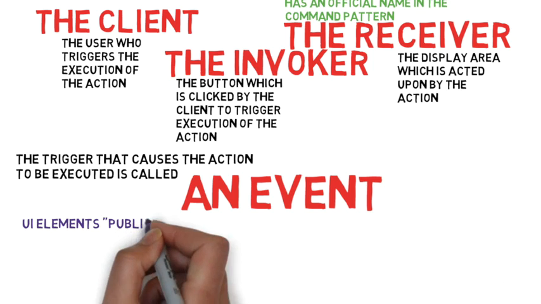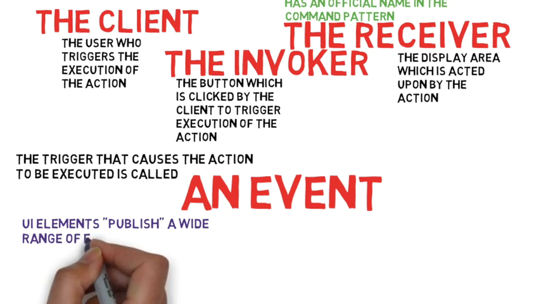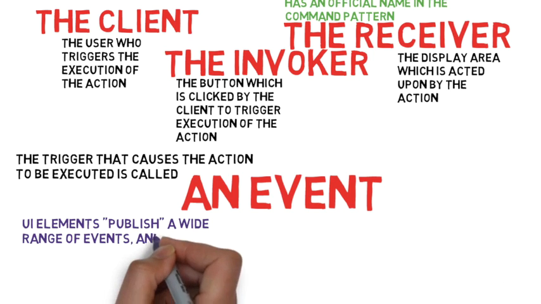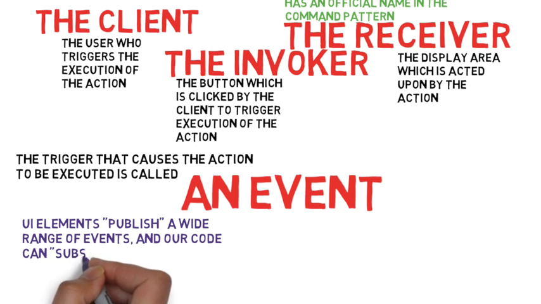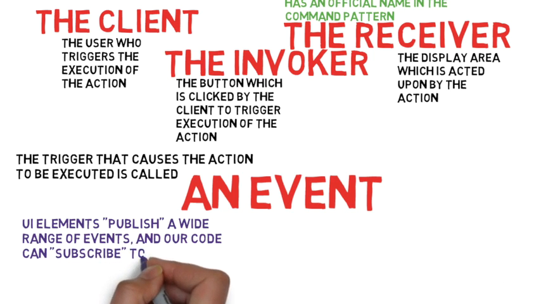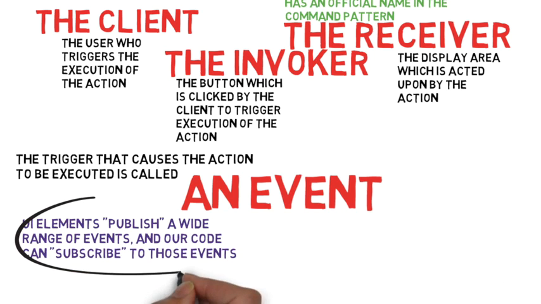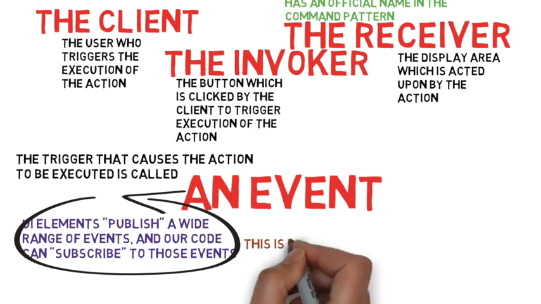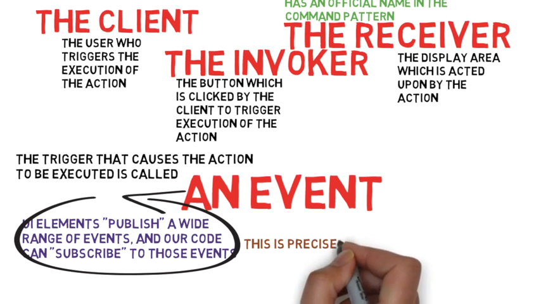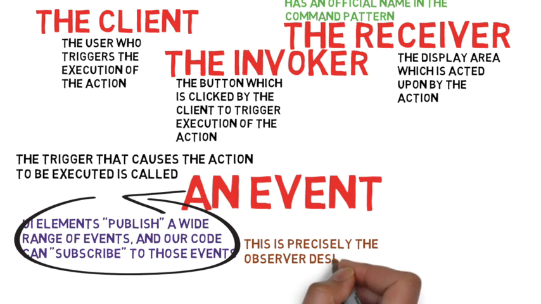Now, UI elements publish a whole range of events, and our code can subscribe to those events. For example, that button can specify when it's clicked, double-clicked, right-clicked, and so on. So UI elements like a button publish a wide range of events, and our code can subscribe to those events. This subscription to a publisher is the observer design pattern.